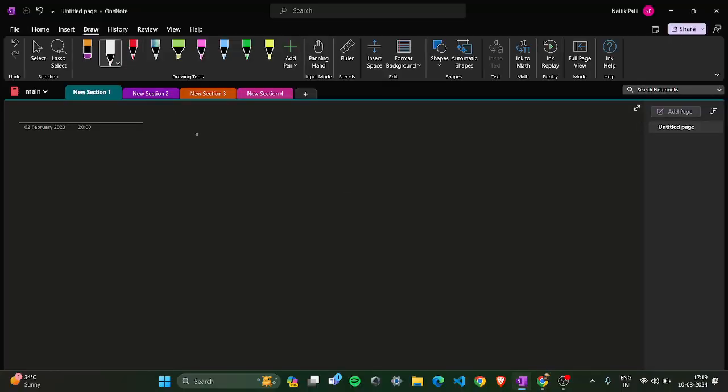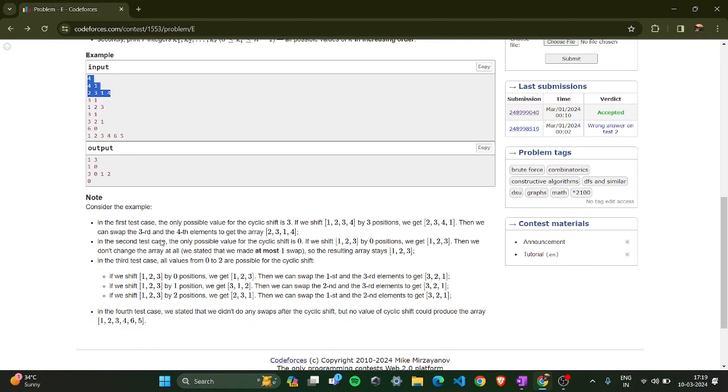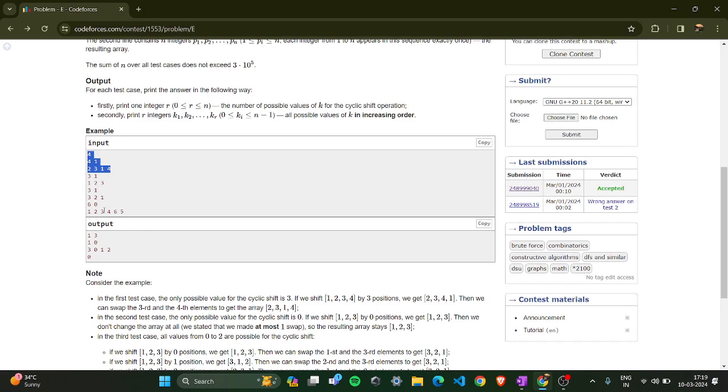So our n is 4 here and m is 1, and our resulting array is 2, 3, 1, 4. And the answer for this is there only exists one k and that's equal to 3.